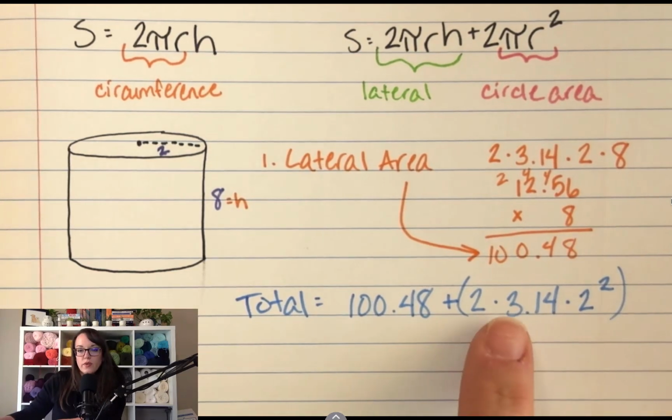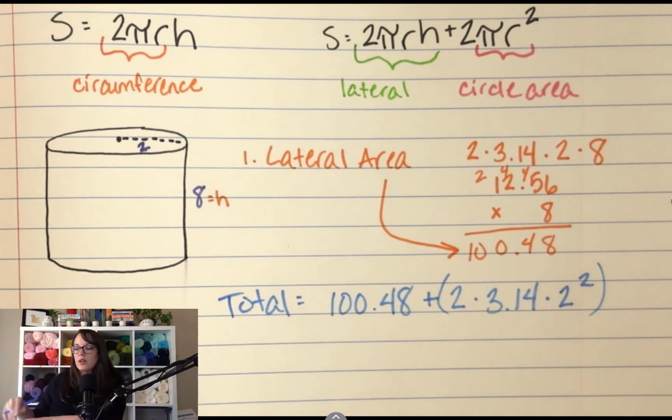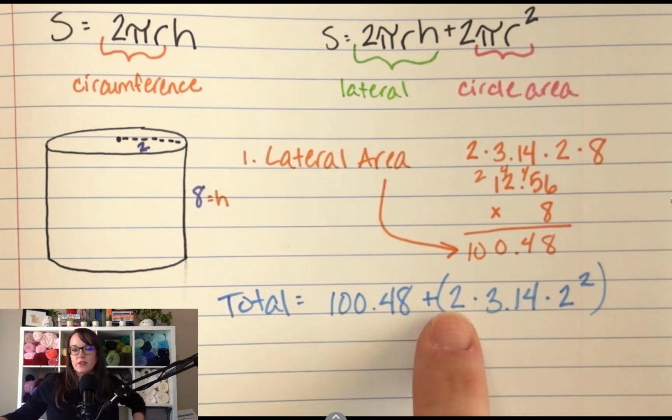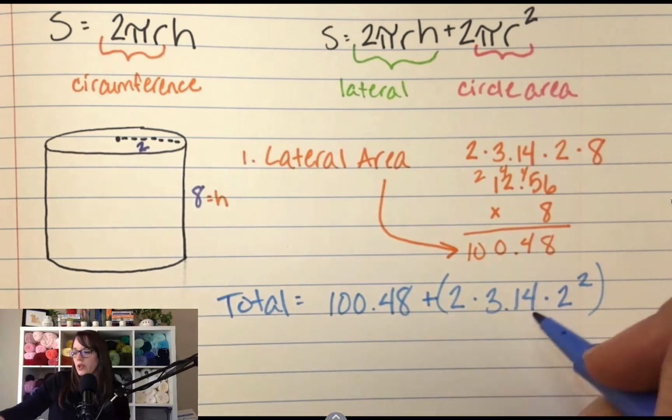All right, so the 2 here is because there's 2 circles, top and a bottom. If for some reason the question's asking you, like if there's not a top and there's only a bottom, you would have to factor that in here and only add 1 circle base, not 2.